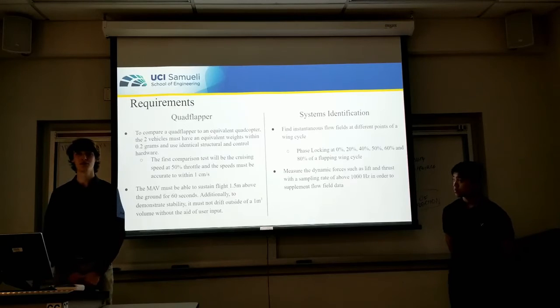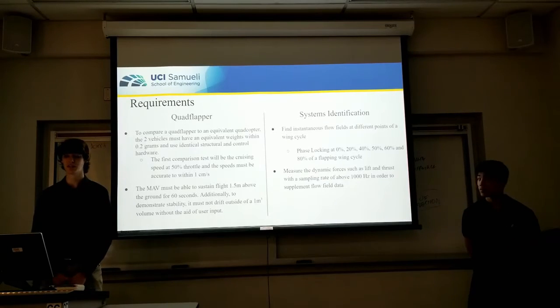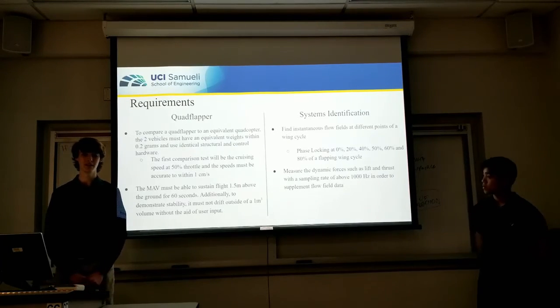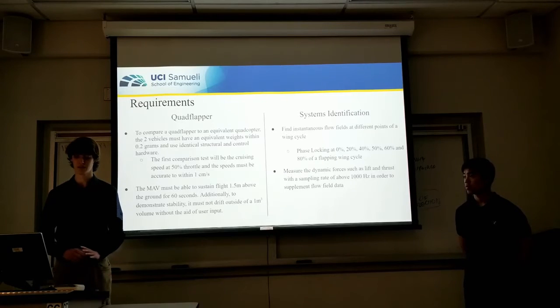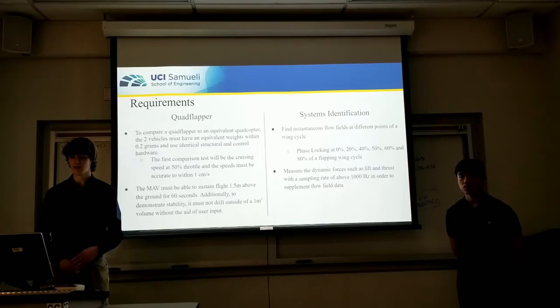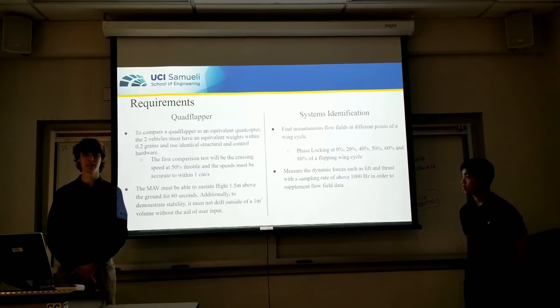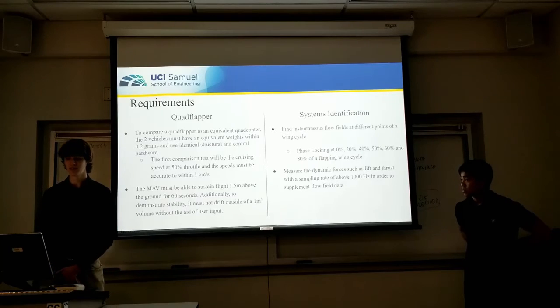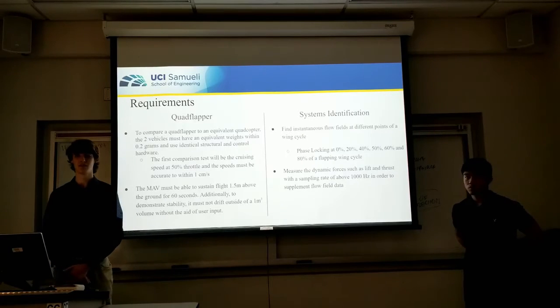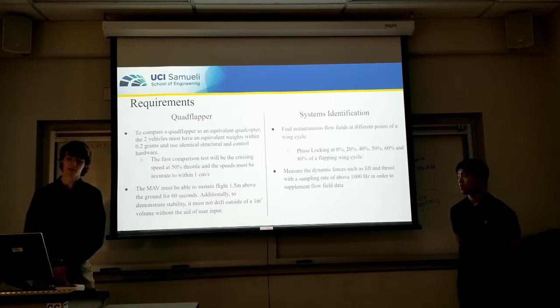They will also use identical structural and control hardware, like the wing arms, the centerpiece mounts, and the flight controller. The first comparison test that we'll be doing is testing the cruising speed at 50% throttle, and the speeds in the test will have to be accurate to within 1 centimeter per second.